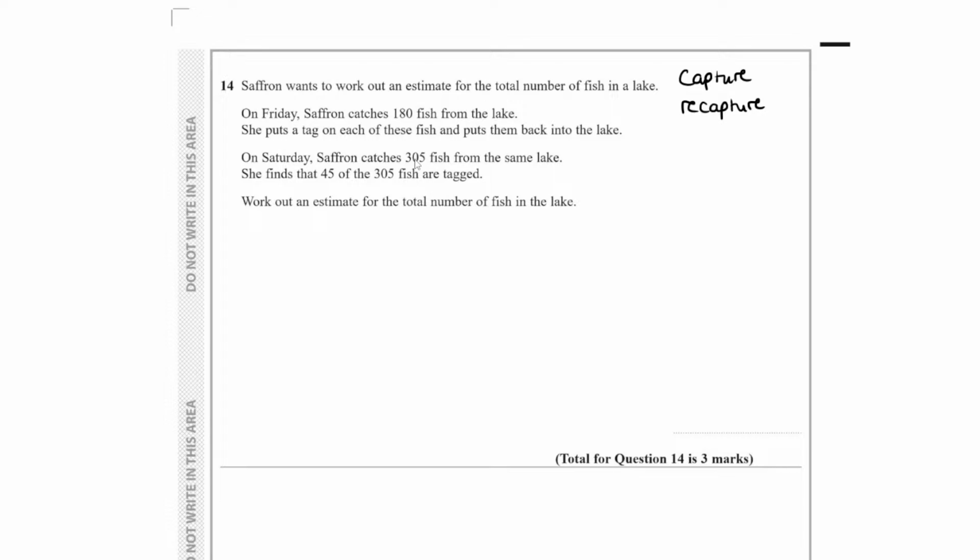So we need to know the formula, and all you need to do then is sub it into the formula. This is the estimated total number, isn't it? I'll just write down the formula so you can have it. Estimated total: the number that are tagged, or as I said, sometimes they're marked, you get the gist.